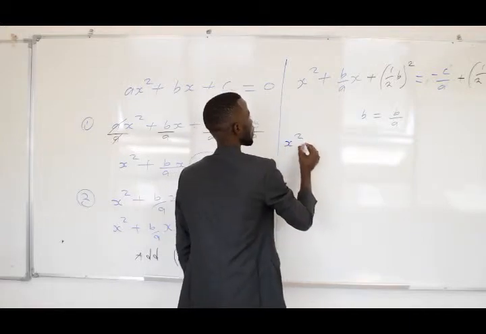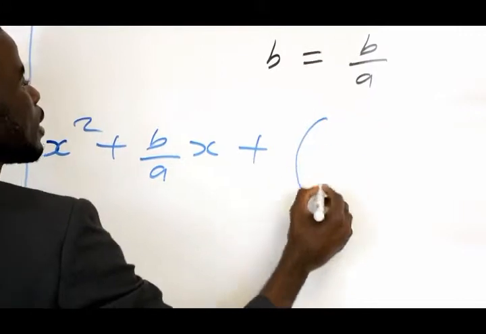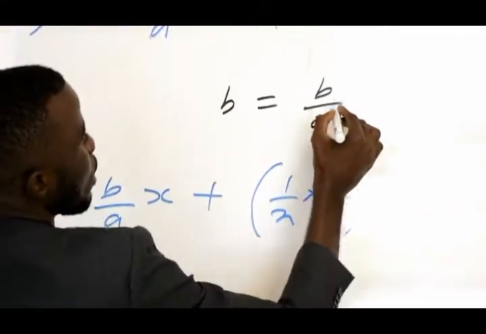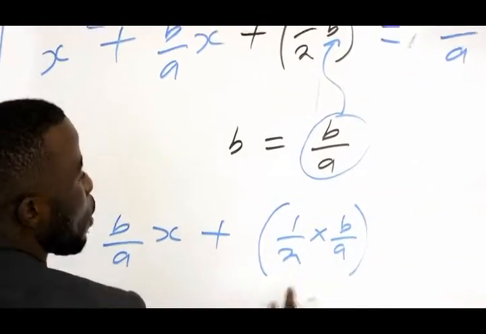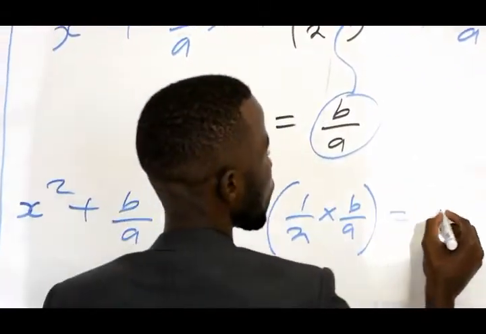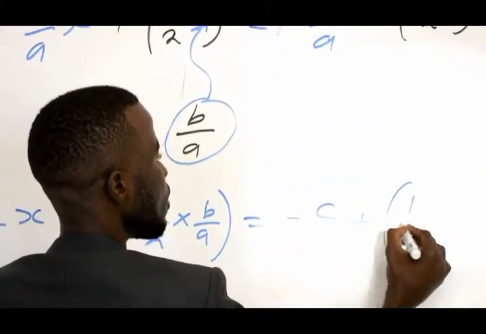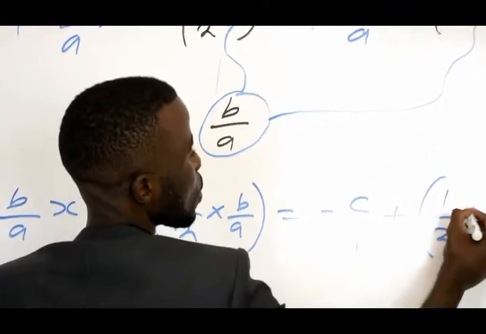So we have x squared plus b upon a x plus 1 over 2 times b over a, where I'm substituting b over a for b, which is equal to negative c over a plus the same thing. Even here I'll substitute b over a where there is b.